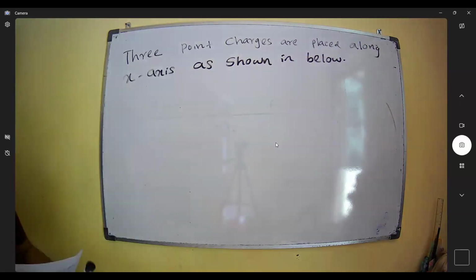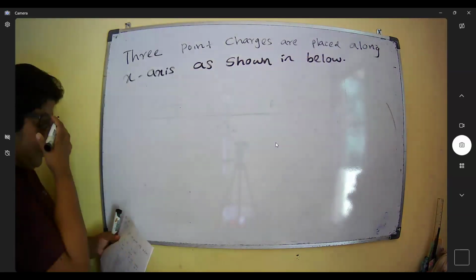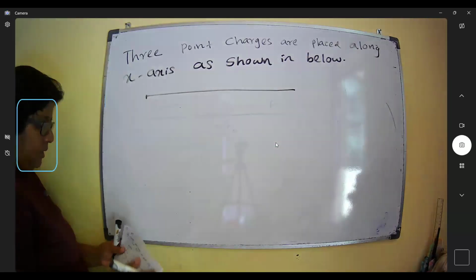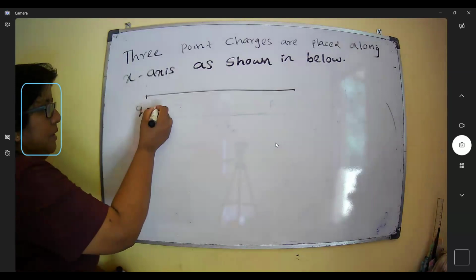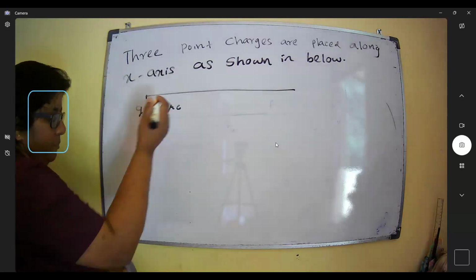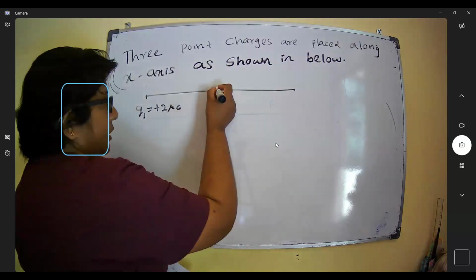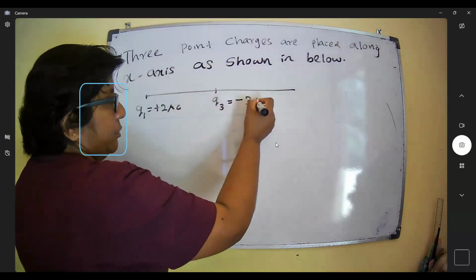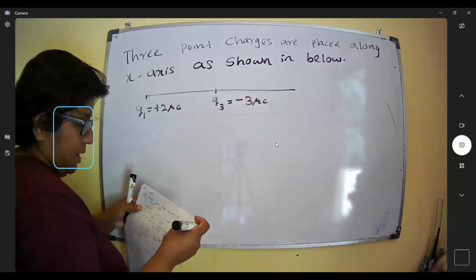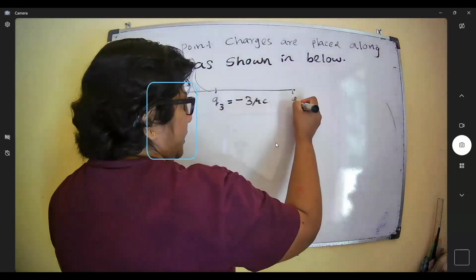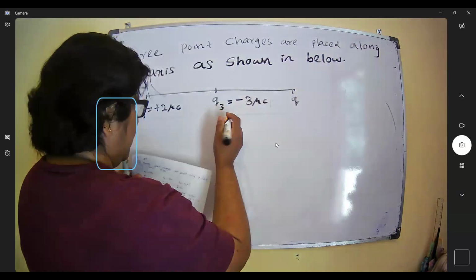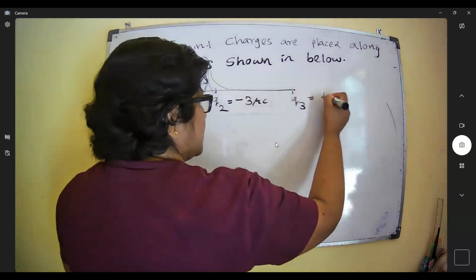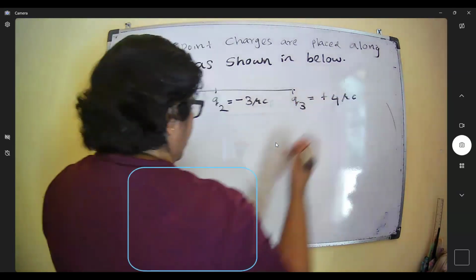Right? Then you can remember the questions about the electric potential. Here Q1 is equal to plus 2 microcoulomb, and Q3 is equal to minus 3 microcoulomb, right? Different questions. And the other one, Q2, and Q3 is equal to plus 4 microcoulomb, right?